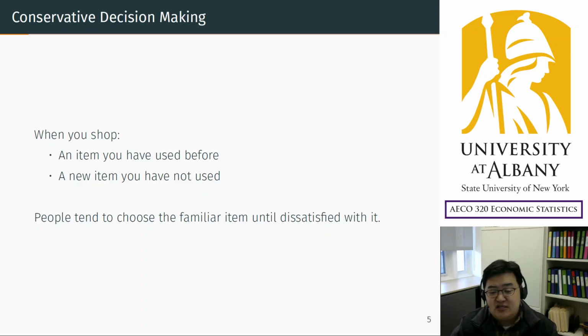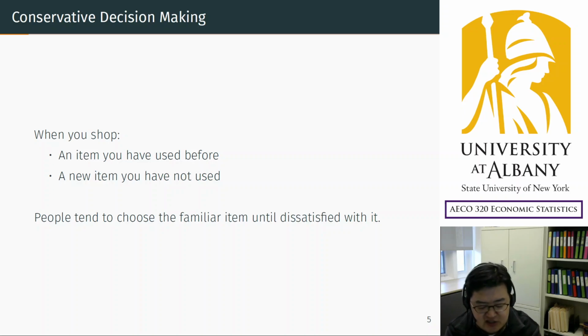In this situation, many people just choose the familiar item until you really hate it. Right? If you are not satisfied, then you may find a new item. But in many cases, if it's just so-so, then people tend to use the same item.